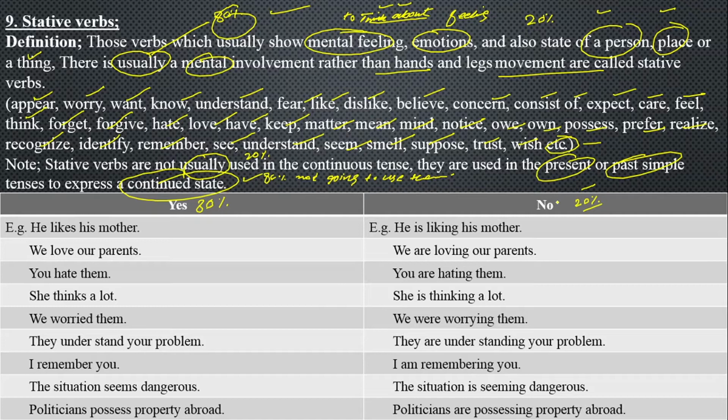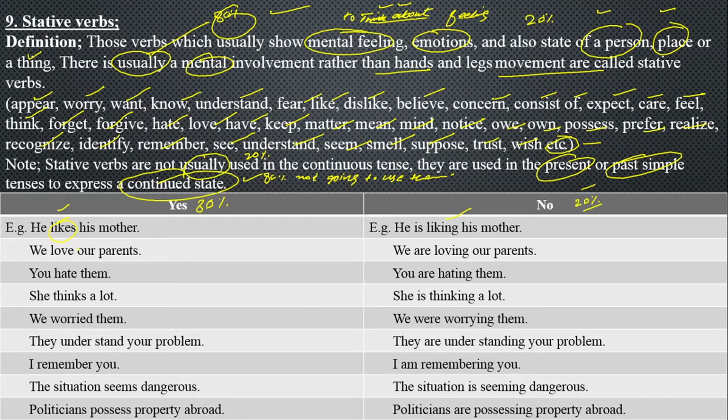I say he likes his mother. Like is the verb which is showing his mental feeling regarding his mother. If I say he's liking his mother, it means this action is going on now, but we need not use them so, because they've got a certain meaning. Everywhere he is, he just remembers his mother, so we say he likes his mother, not he is liking his mother.